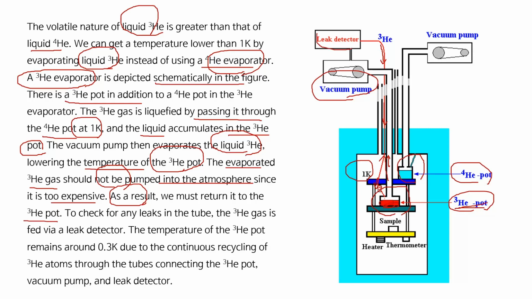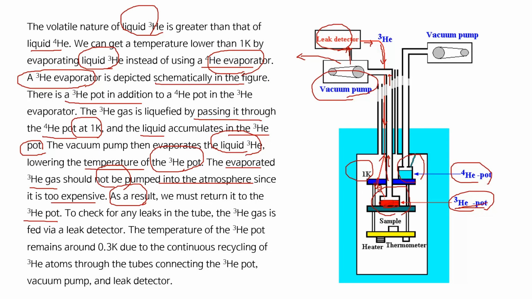So through the leak detector, the helium-3 gas is pumped out, and this gas will not go to the atmosphere. Instead, it passes through the leak detector and is put again into the helium-3 pot.